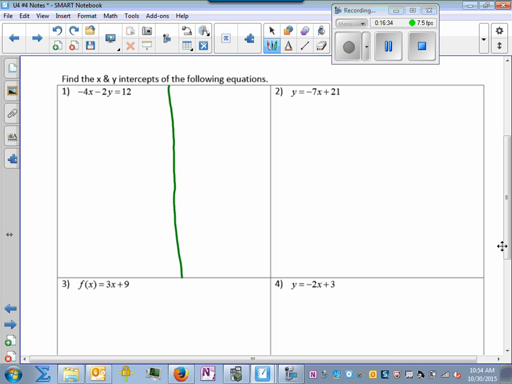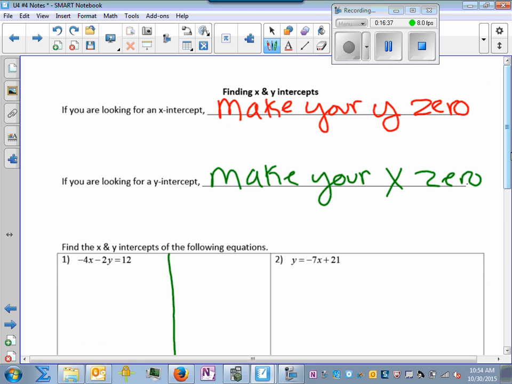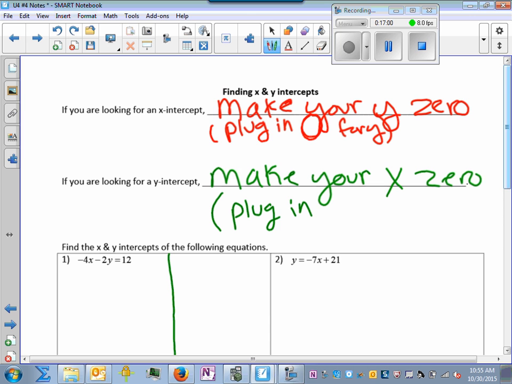So what that means up there is plug in 0 for y. And this is plug in 0 for x. Okay? So that's what it means when I say that.